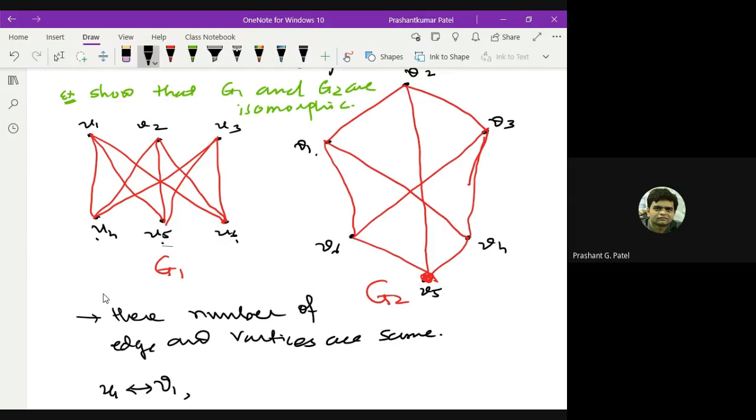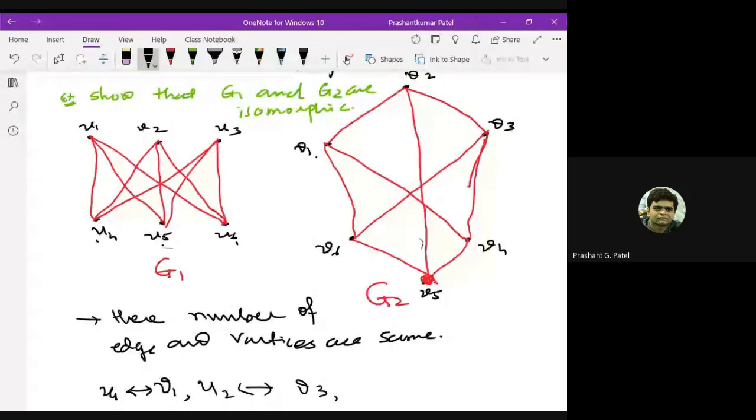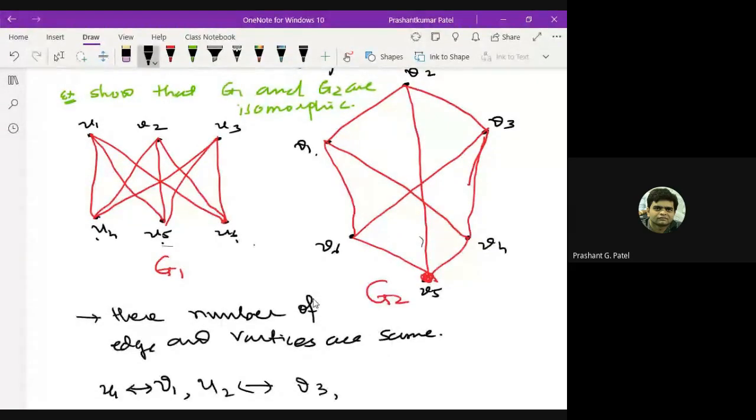So U2 and U3 have correspondence with V3 and V5. Let's say U2 corresponds with V3. Now what will happen? Now what is left is U3. So obviously U3 will correspond with V5.